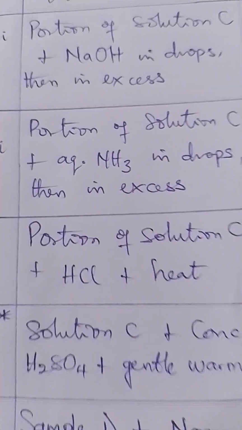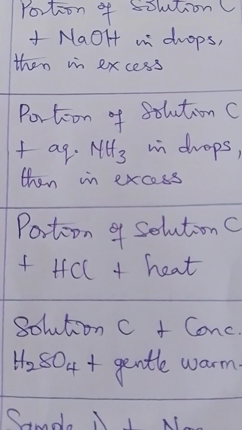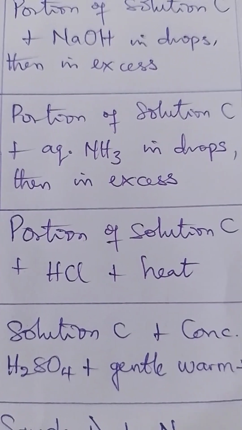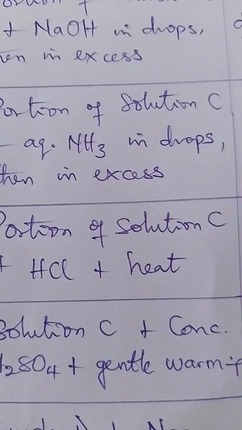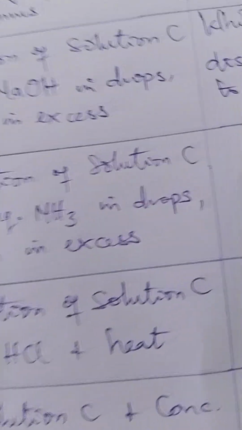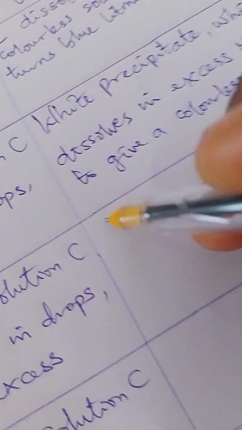All right, so that brings us to the third one, which is portion of solution C plus aqueous ammonia in drops, then in excess. If you have that, you're still going to observe white precipitate too.